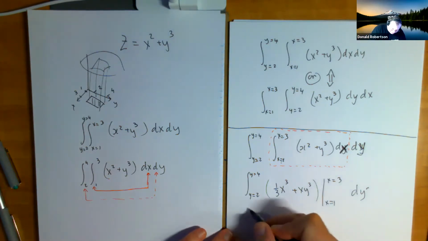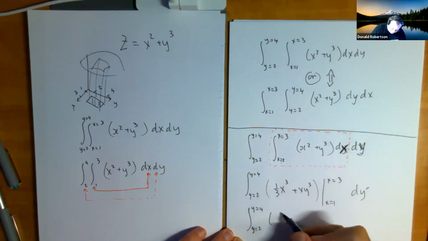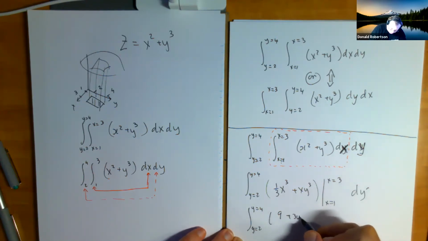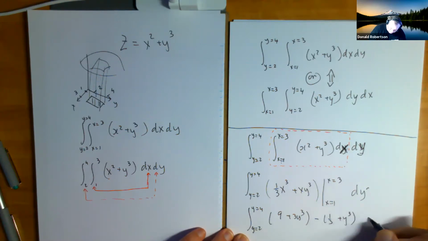Now you can plug in 3. So what do I get? I get 1/3 times 3 cubed, which is 9. 3 here gets me what? 3y cubed. Take away 1 gets me 1/3, and 1 gets me 1 y cubed, dy.